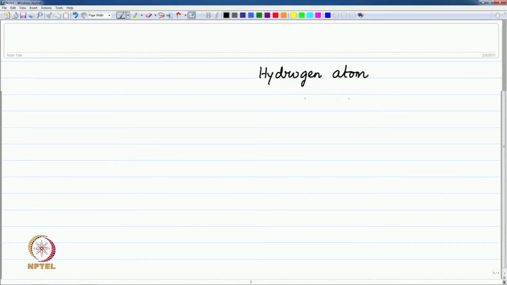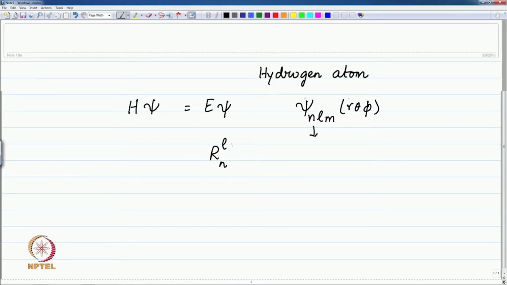Now recall that the hydrogen atom wave functions, that is the solutions for the Schrodinger equation, have been earlier represented by psi with 3 quantum numbers n, l and m, as a function of the 3 coordinates r, theta and phi, and this was written as R n l of the radial coordinate r, and Y l m of theta phi.